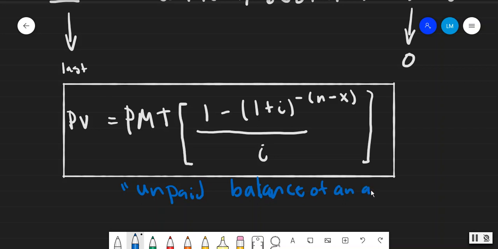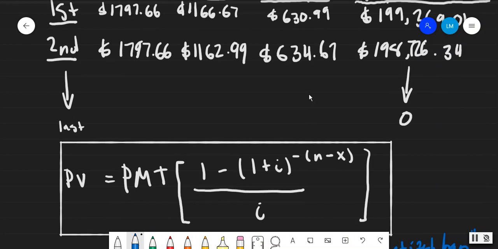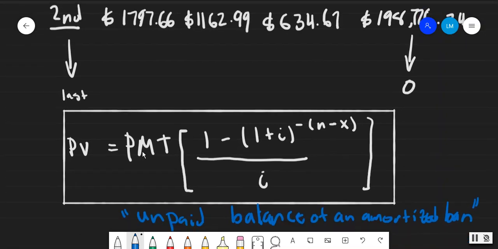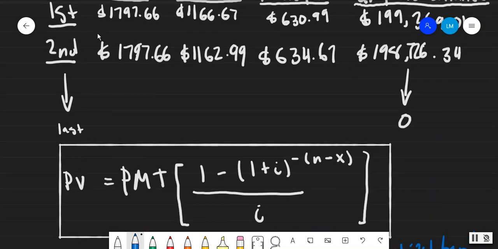If you wanted to know what the unpaid balance was after the first payment, this would solve that instead of having to go through all of the payments.